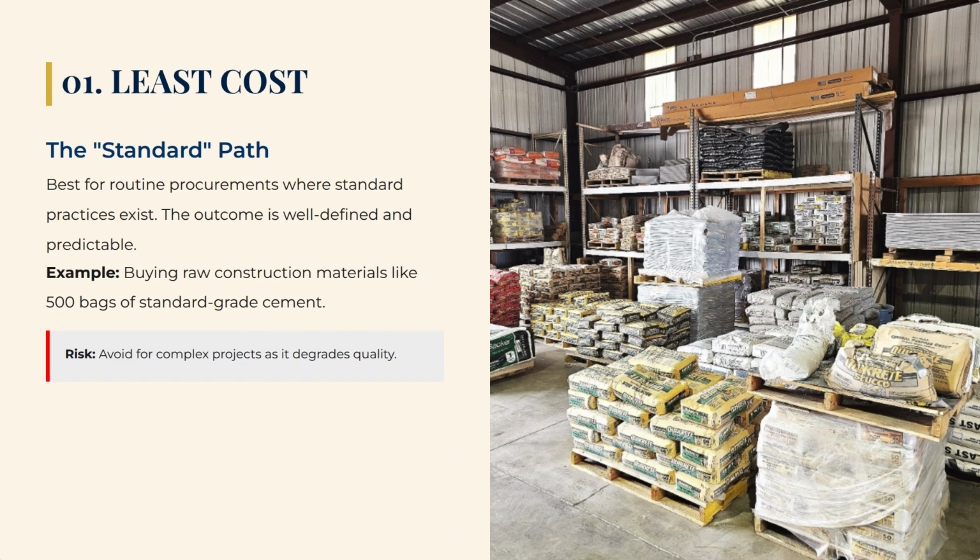For example, if you are purchasing 500 bags of standard grade cement for a construction site, cement is cement. You don't need an innovative, creative technical proposal. You just need the cheapest vendor who can deliver it on time.